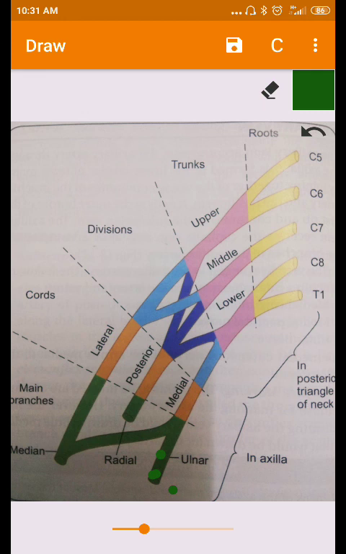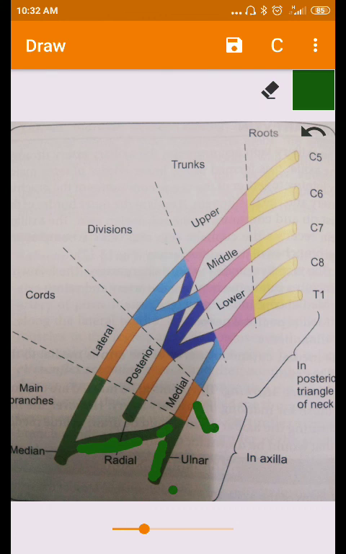One is the medial root of median nerve, and this one is the ulnar nerve, and it is also giving 3 other branches. One is the medial pectoral nerve. So in the lateral cord we have seen lateral pectoral nerve, and here we are going to see medial pectoral nerve.